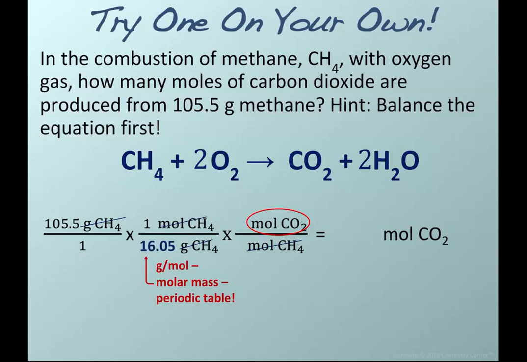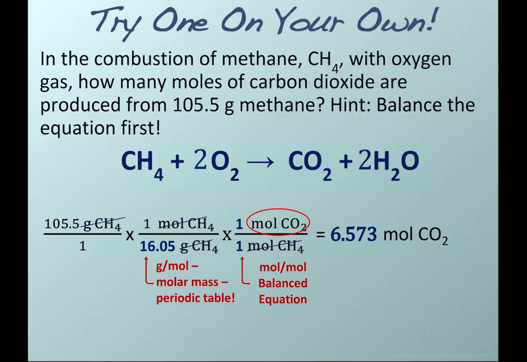These two numbers come from the balanced equation, which are both ones in this case. You're going to put this in your calculator, and you're going to get 6.573 moles of carbon dioxide. And that is what it was asking you for.